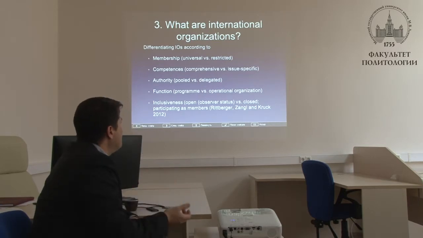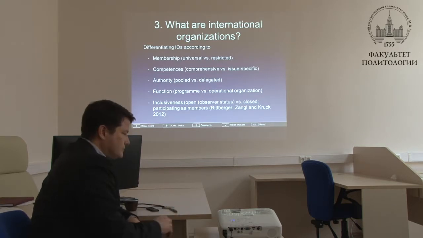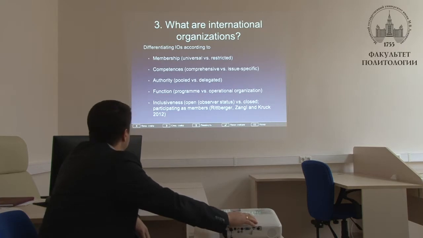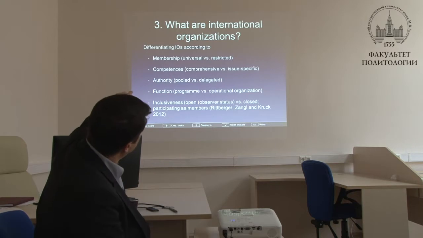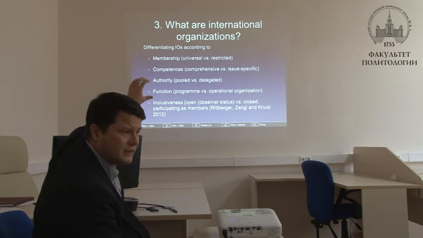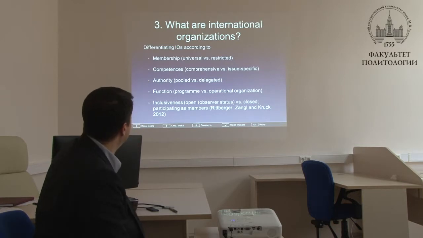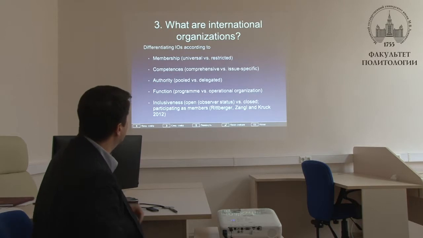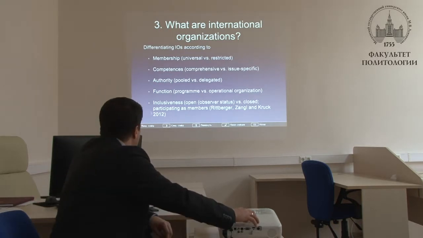Closed means that only members can participate. Other actors are excluded. So these are basically the 5 ways to differentiate international organizations. As I said, the membership and the competences are the 2 mainstream differentiations of international organizations, whereas authority, function, and inclusiveness are rather new ones.